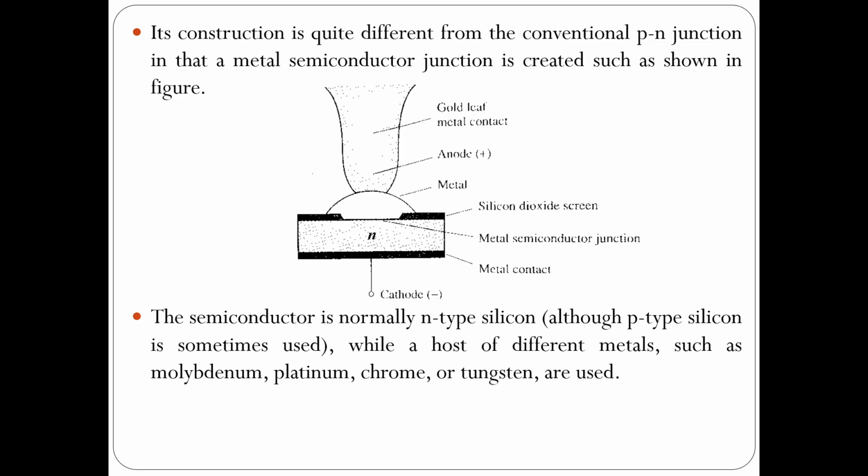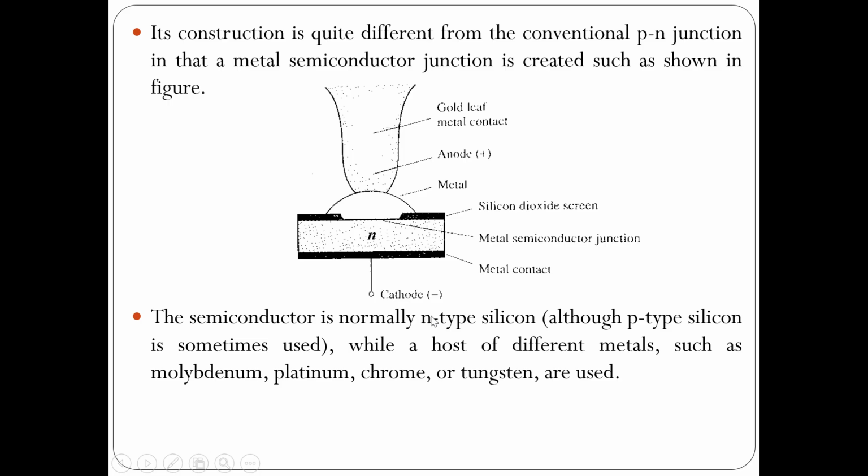So this is the construction of the conventional PN junction. The metal semiconductor junction is created as in the figure. The lower arm is the cathode, the negative terminal, and the middle part of the upper side is called the anode. It is given the positive supply. The gold leaf metal is the contact, and then the semiconductor, the silicon dioxide screen, and the metal oxide semiconductor junction is used for this top side.